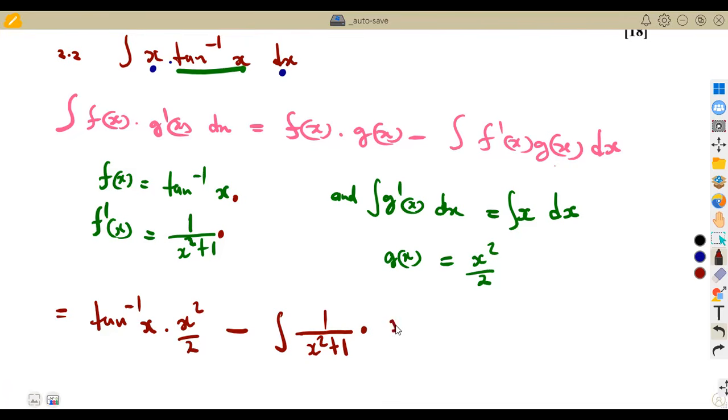Remember, this is our g(x), which gave us x squared over 2, with respect to x. So this is what we are supposed to have.